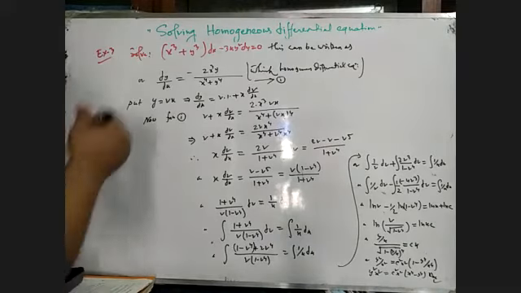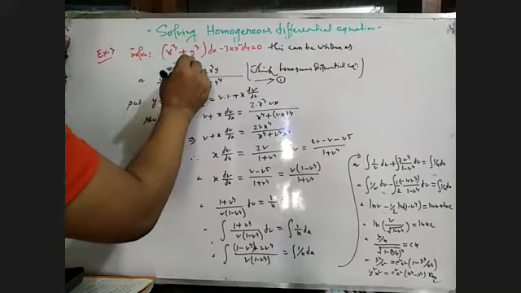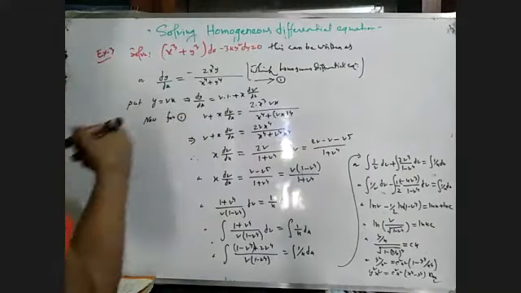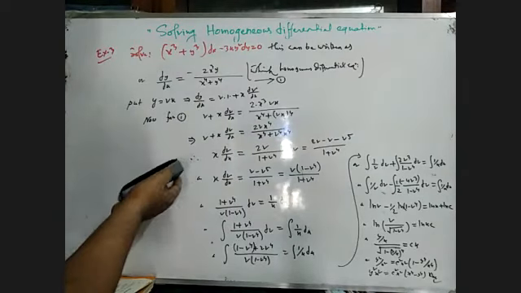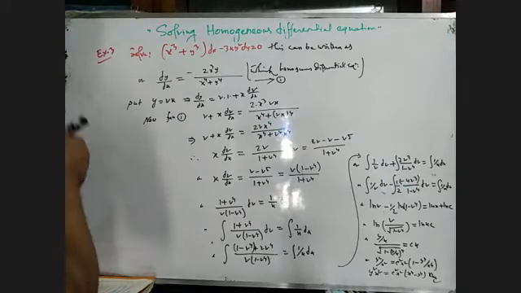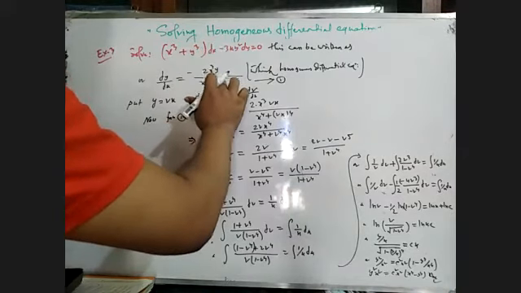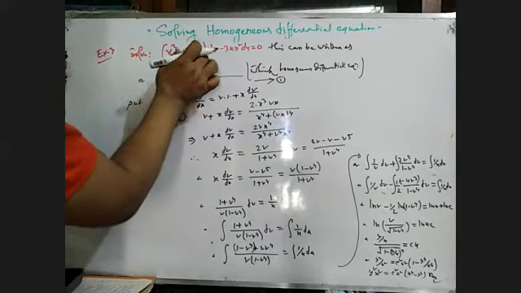Okay, now another example 3: solve x cube plus y cube dx minus 3x y square dy equals to 0. And this differential equation can be written like this. You have to divide by x cube plus y cube.